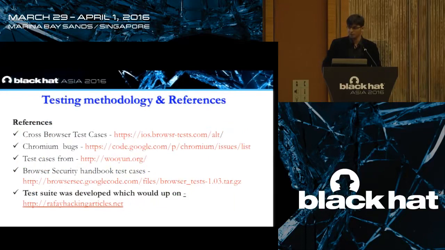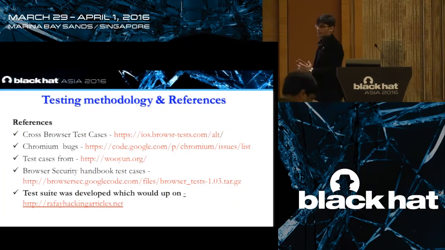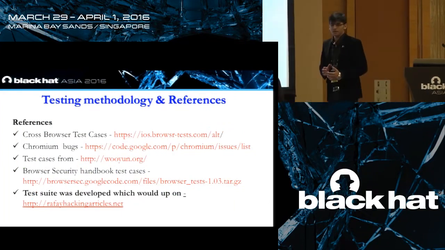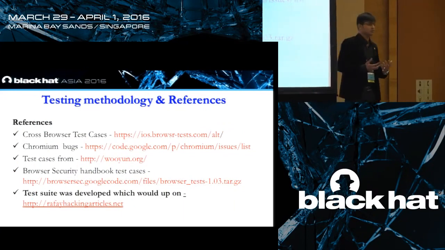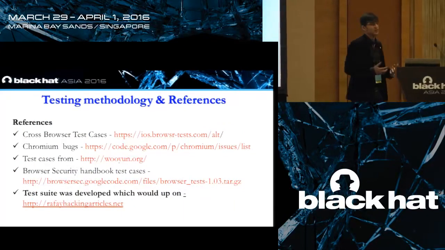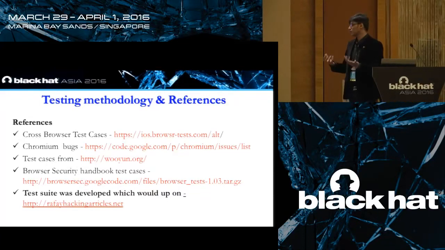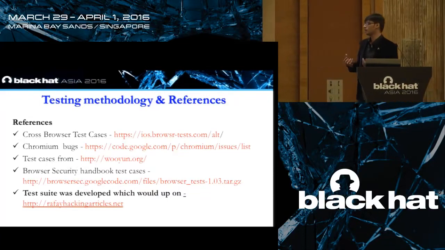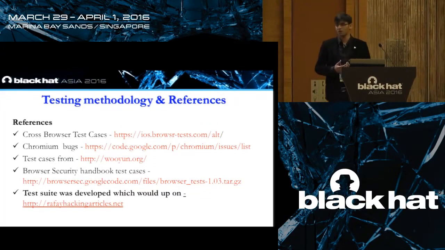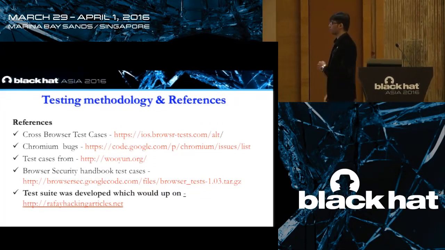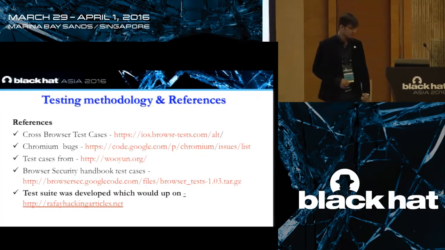Testing methodology and references. The following are the references from where I took the test cases, and then I modified them. I have developed a test suite for browsers, which allows testing for same origin policy bypasses and different mobile browser-related vulnerabilities. The test suite will be up on my blog, rafihackingarticles.net, right after this talk.